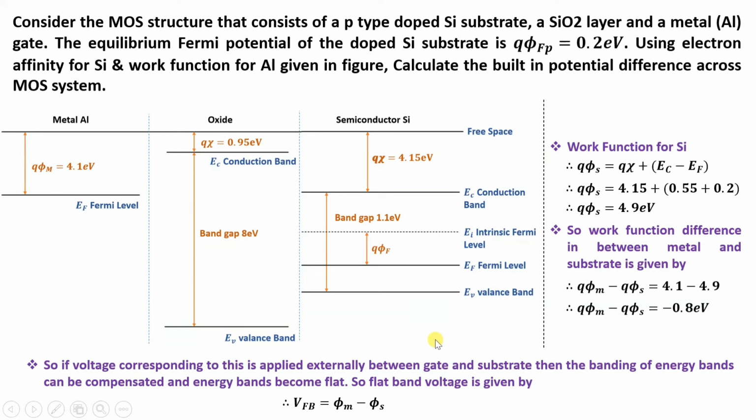So this is how we can identify the flat band voltage, and this is how the flat band voltage will make your band flat, which was bent due to the voltage drop in the oxide layer as well as on the metal surface, right? So this is how we need to understand how energy bands are getting bent and how we can make them flat. I hope that you have understood this video.